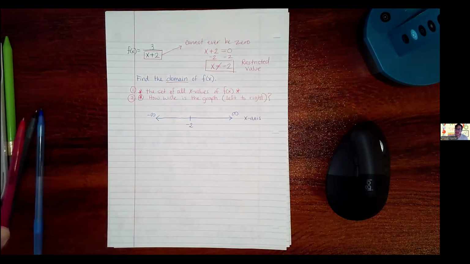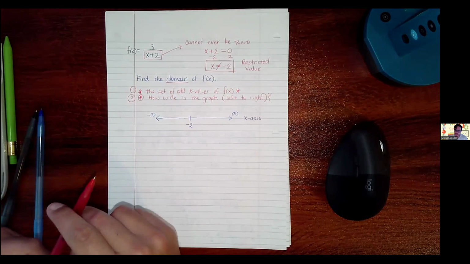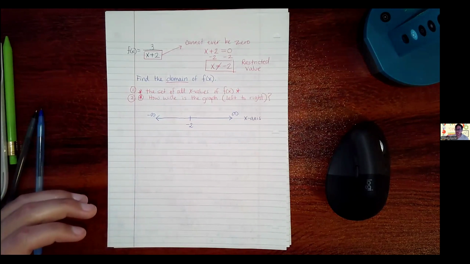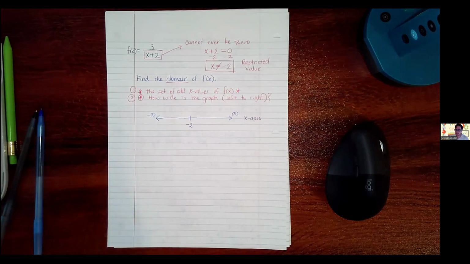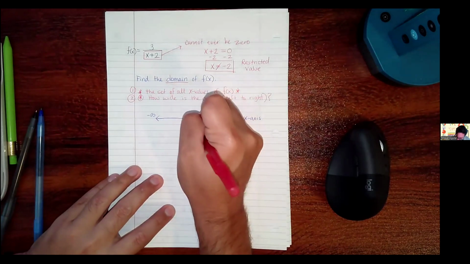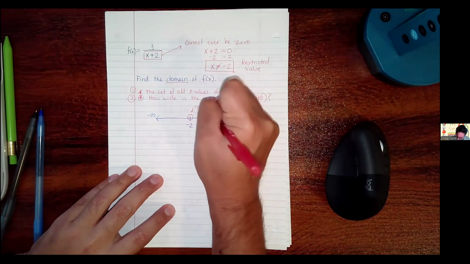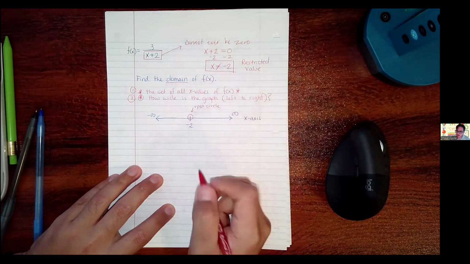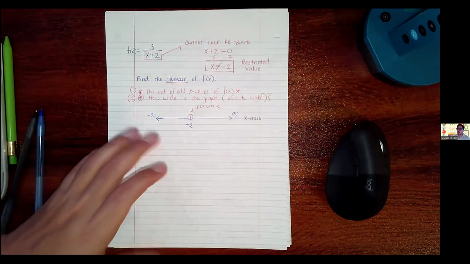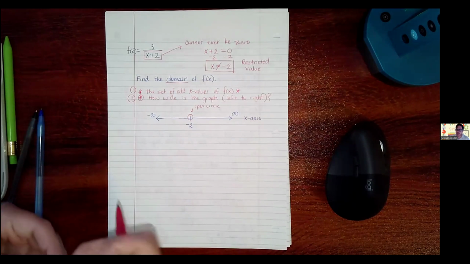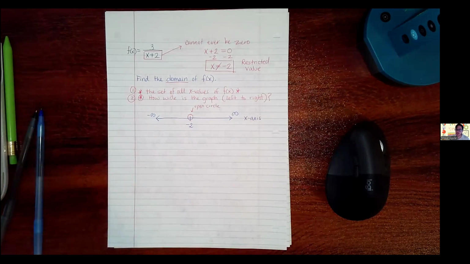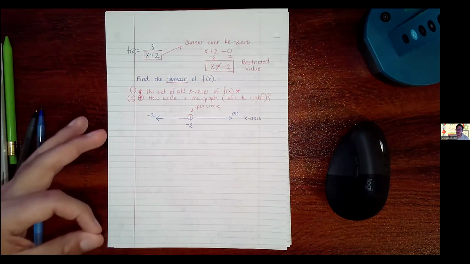And if that number is restricted, I need to remove it from the domain. It cannot be there. So to remove it, I'm going to put an open circle here so that I cut the -2, that restricted value, out of the number line. Are you guys okay with me removing that number?